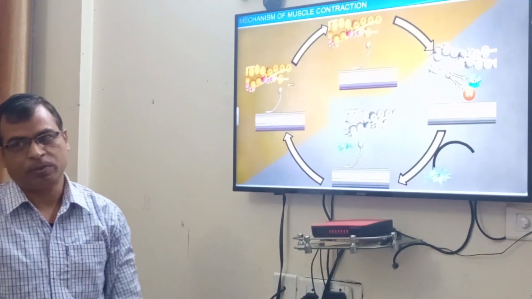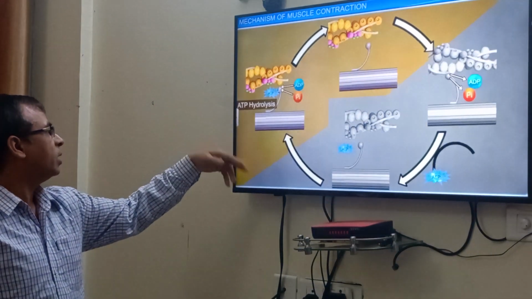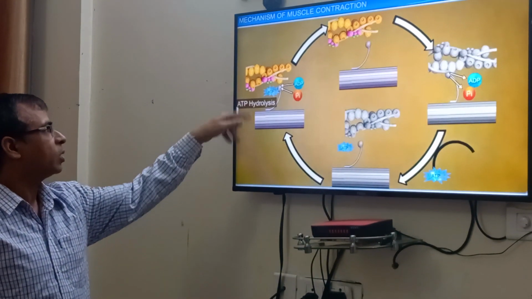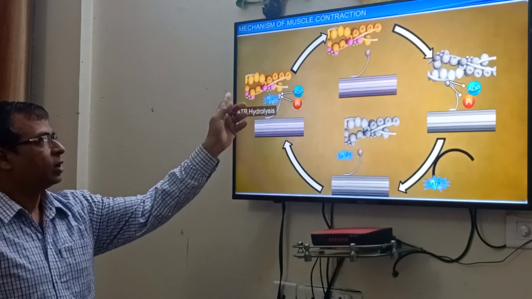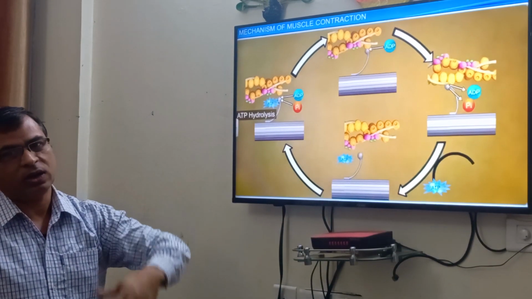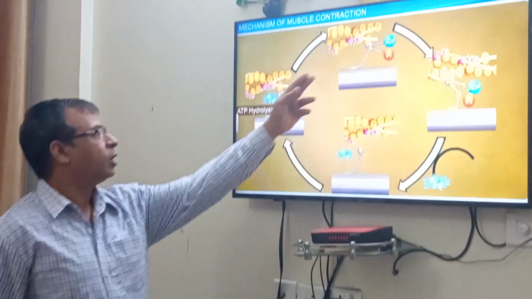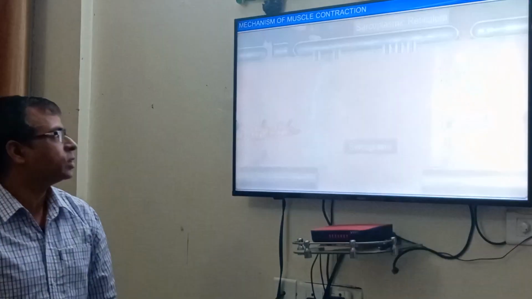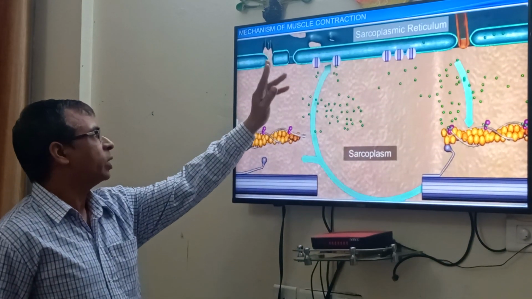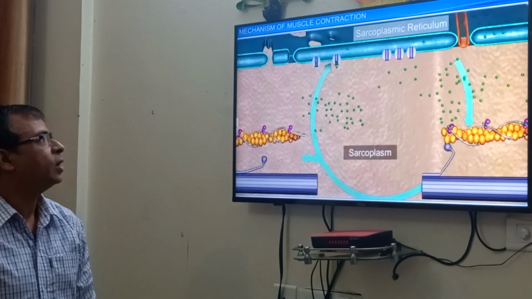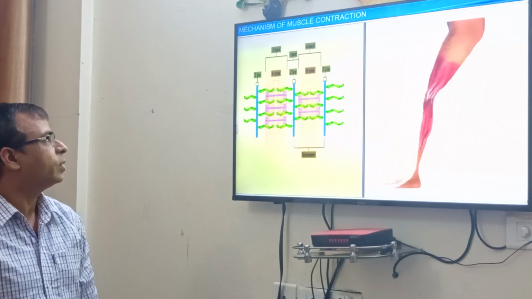Thus the muscles are relaxed, and by ATP hydrolysis again cross bridge formation takes place. So this cycle is muscle contraction, then relaxation. Calcium ions go back to the sarcoplasm of the muscle fiber.